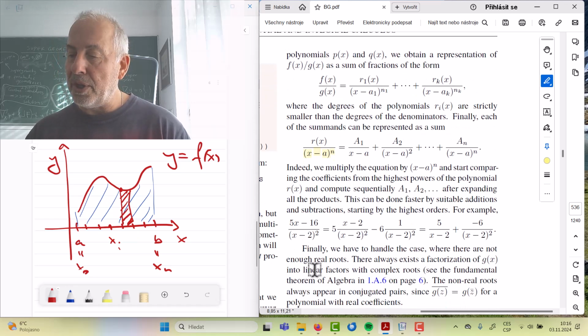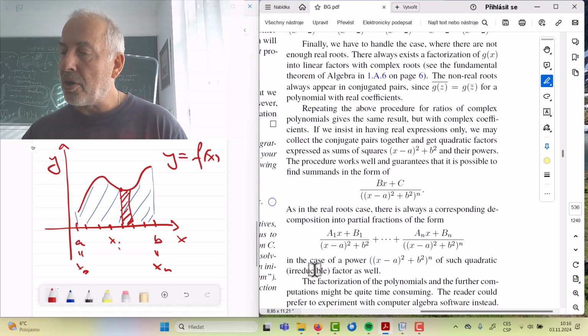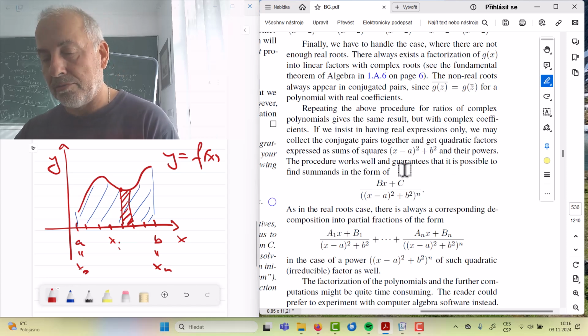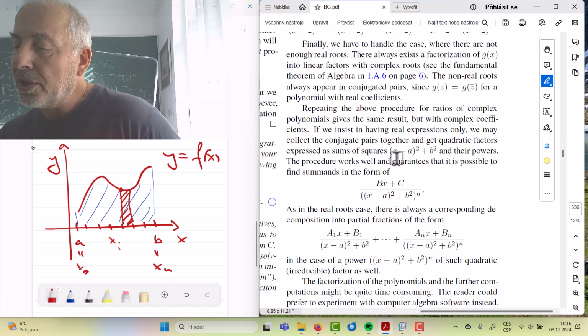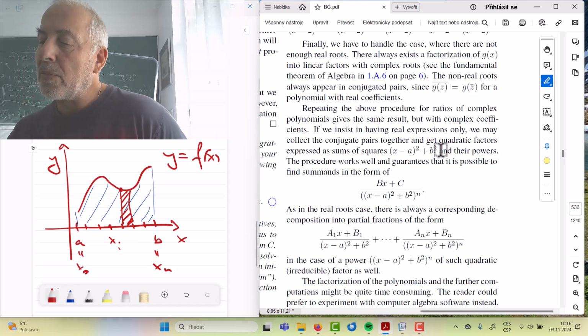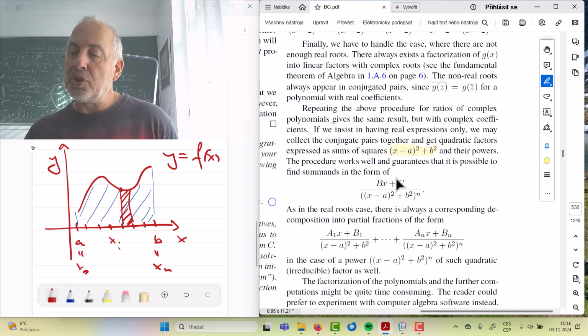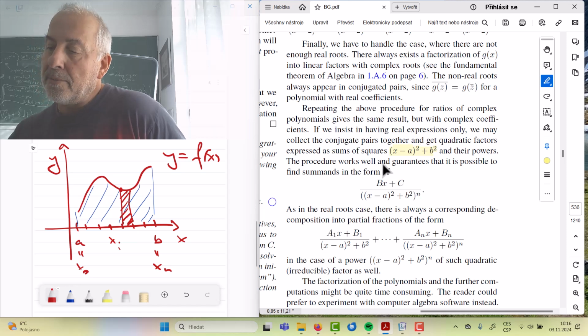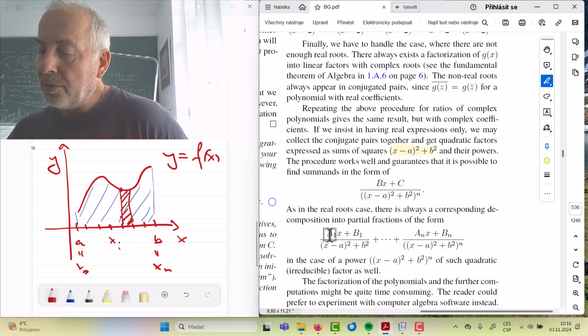If there would be complex roots, you would have some factors in the decomposition of the denominator polynomial of this kind, and the powers of those, then you again can find them in this way.